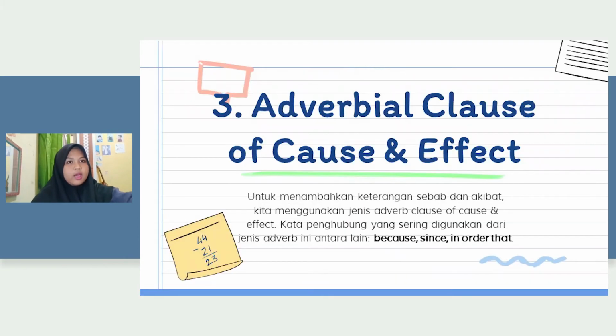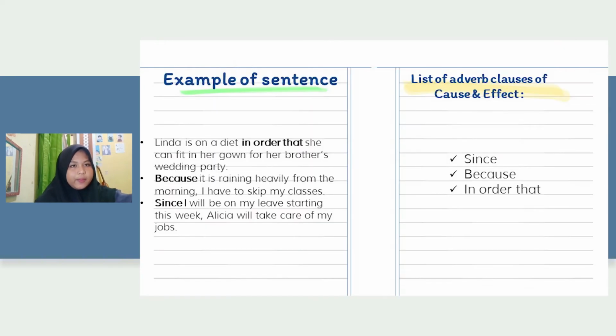Type 3: adverbial clause of cause and effect. To add cause and effect information, we use the adverb clause of cause and effect type. The conjunctions that are often used for this type of adverb clause include because, since, and in order that. Examples: 1.